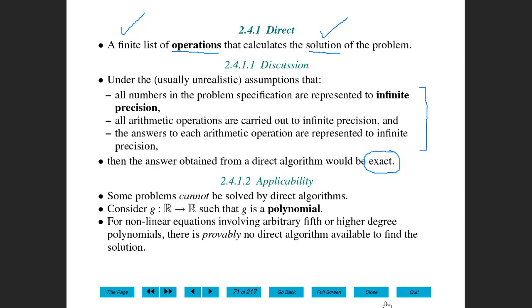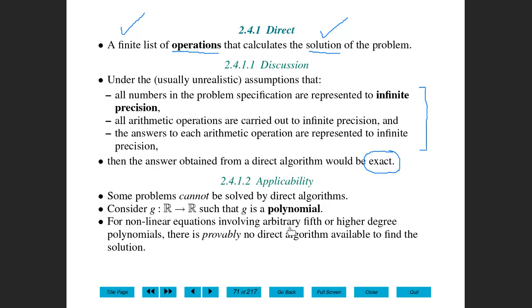But if, for example, we have higher degree polynomials, like fifth or sixth degree, there are more dimensions and things become really complicated. In that case, there is no direct algorithm which can give us a solution.